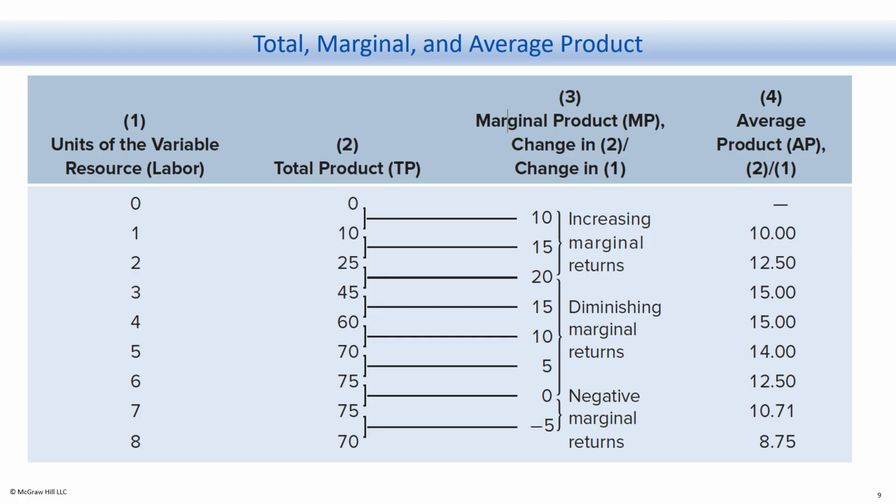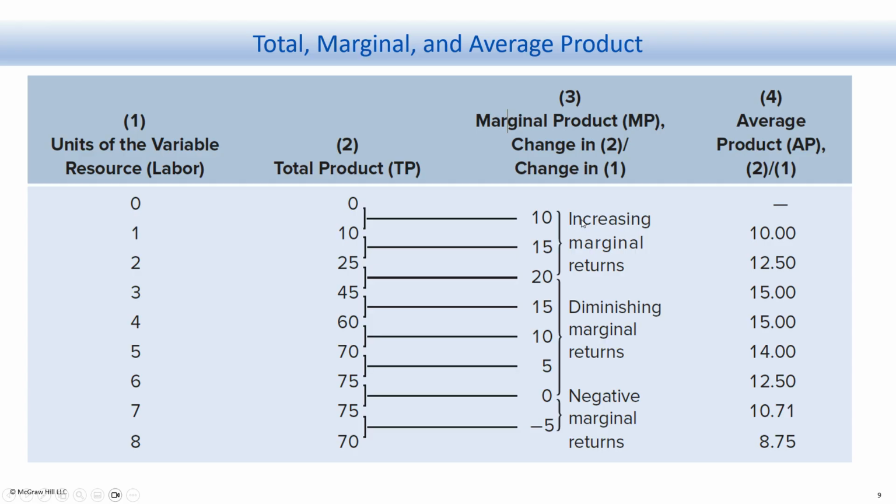So I want you first off to see a couple things. First off, how do you calculate marginal product? It's the change in total product, delta TP over delta L, that's what they're saying here. And then how do you compute average product? Well, that's just the total divided by the number of units of labor.